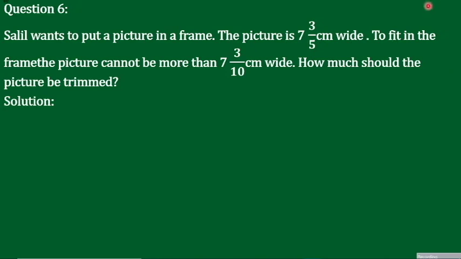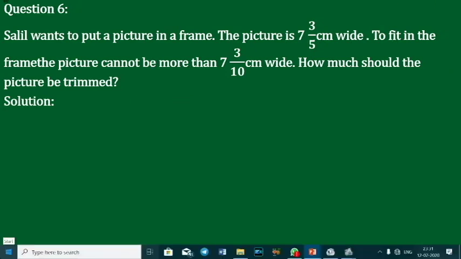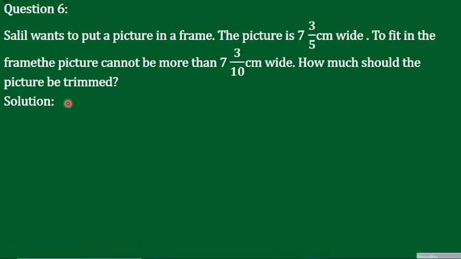A boy whose name is Salil wants to put a picture into a frame, but the size of the picture is greater than the frame. So how will you put this picture? Definitely you will cut the picture. Here the meaning of trimmed is cut, or you can fold it or you can cut it.